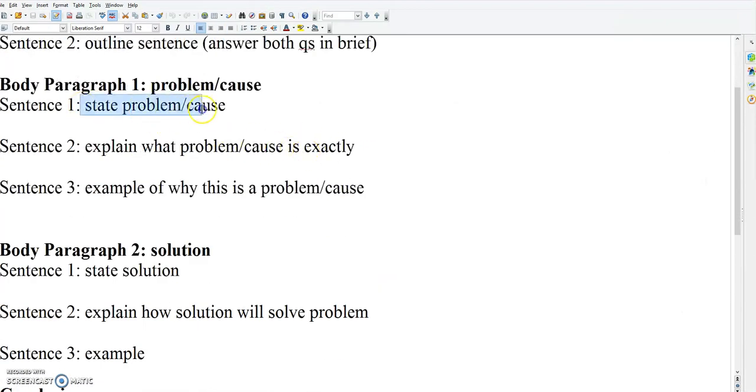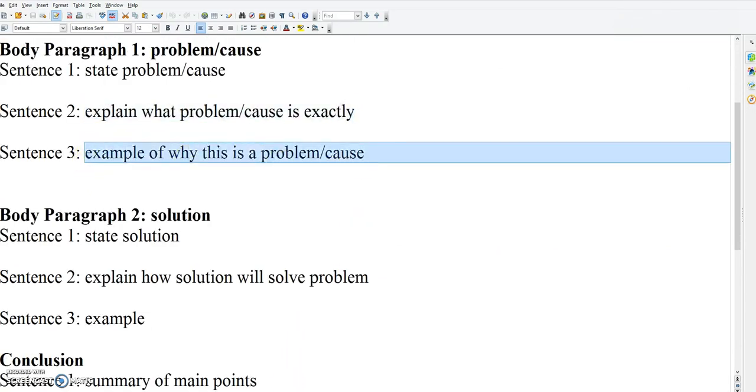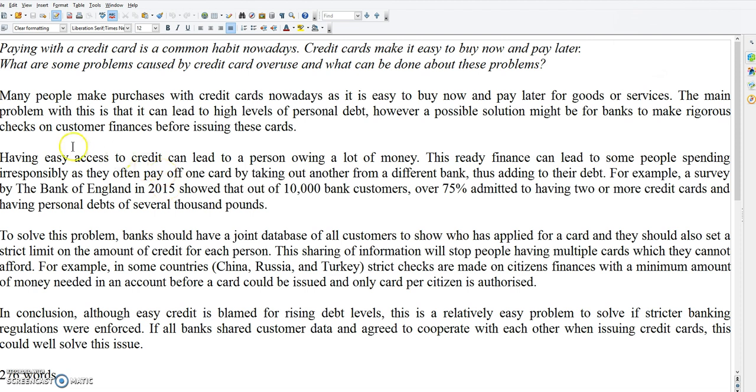Okay. What's the problem? Explain it. Example. Okay, so having easy access to credit can lead to a person owing a lot of money. High levels of personal debt.